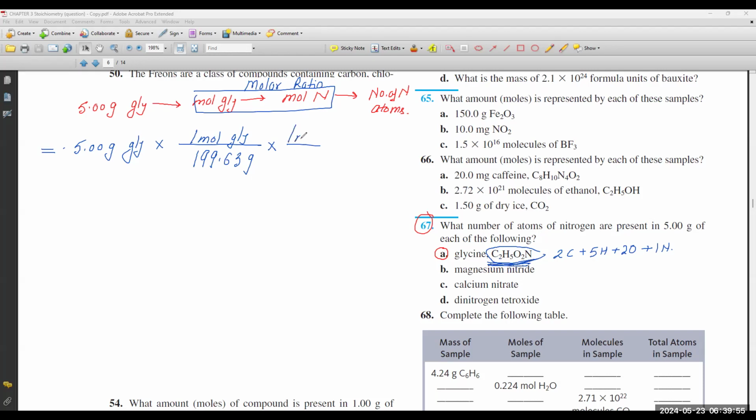So you write down 1 mole of nitrogen, what you want, in the numerator over 1 mole of glycine. And then what ratio should I take here? Moles of nitrogen to number of atoms. I'm going to take Avogadro's number of atoms of nitrogen over 1 mole of nitrogen. And then you solve it.